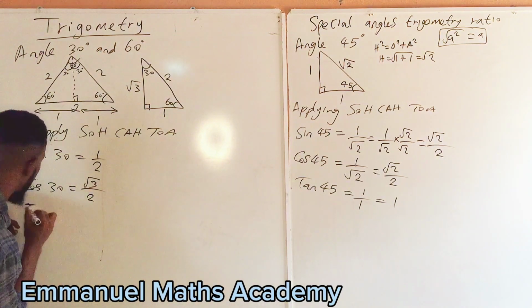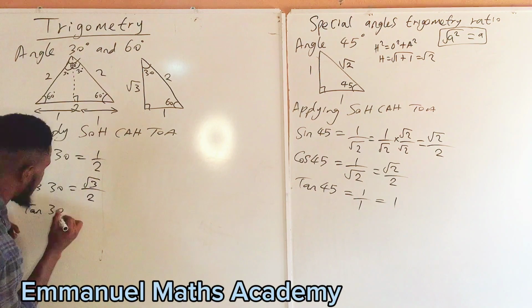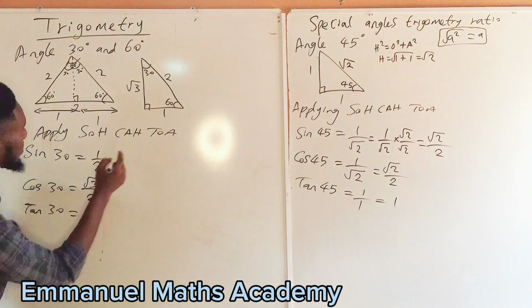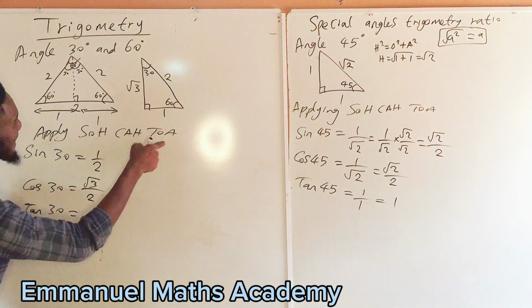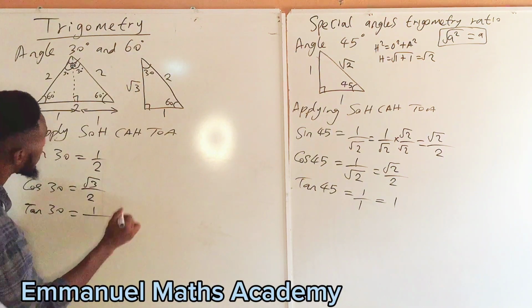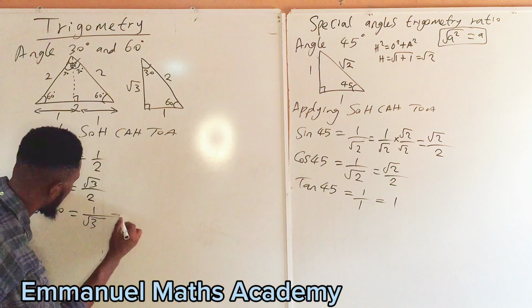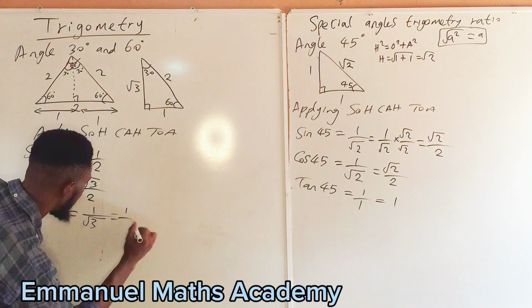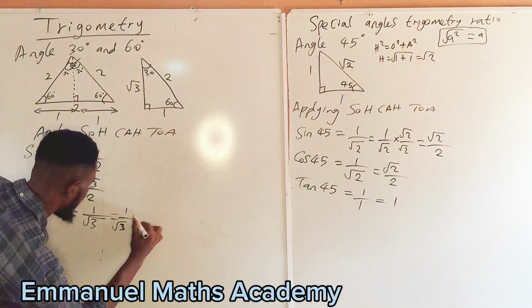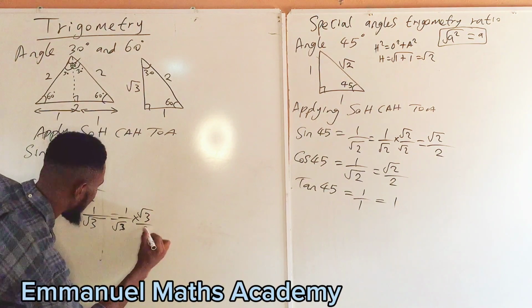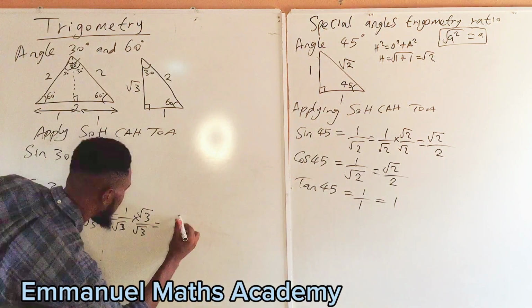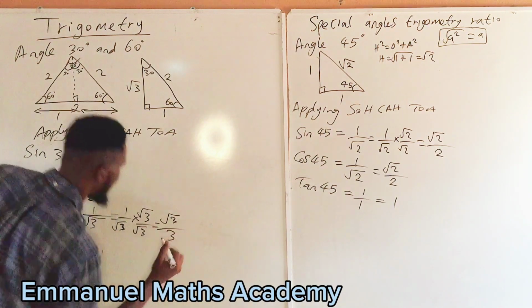Then tan 30 is equal to opposite over adjacent: opposite 1 over adjacent root 3. If you rationalize this, you have 1 over root 3 times root 3 over root 3. You have root 3 over 3.